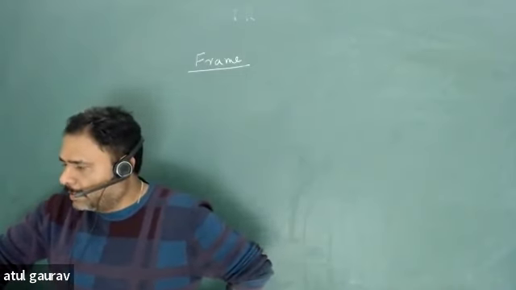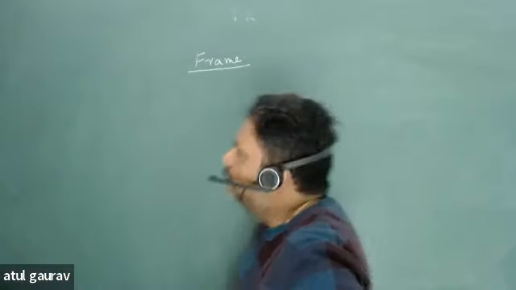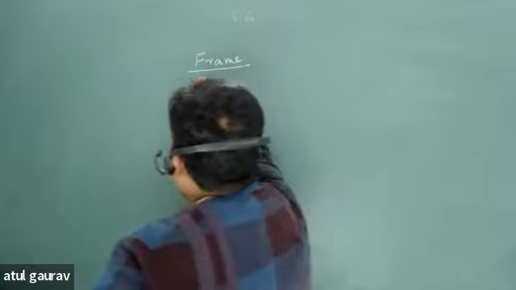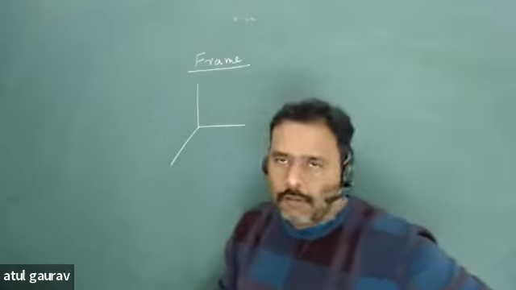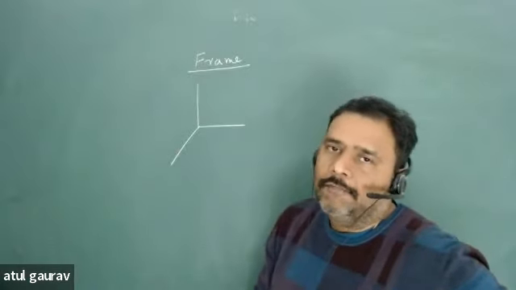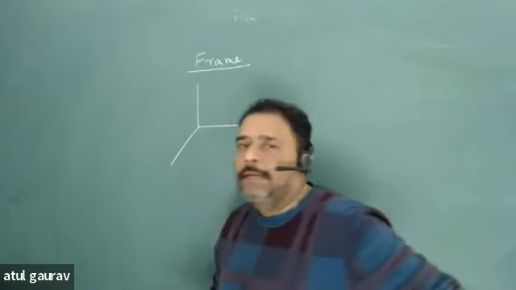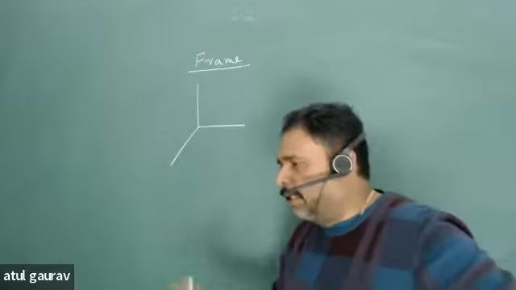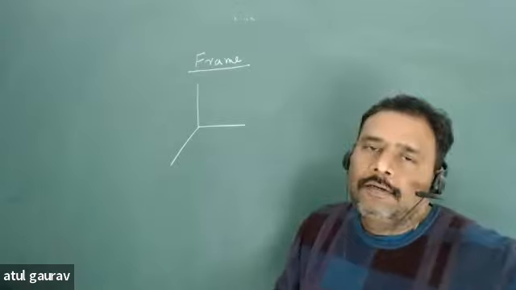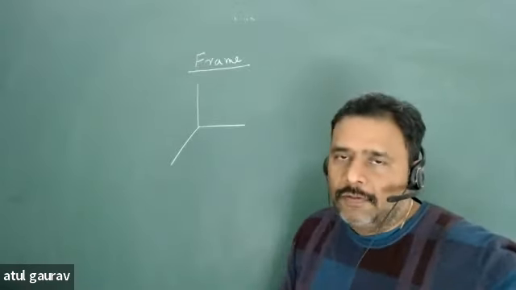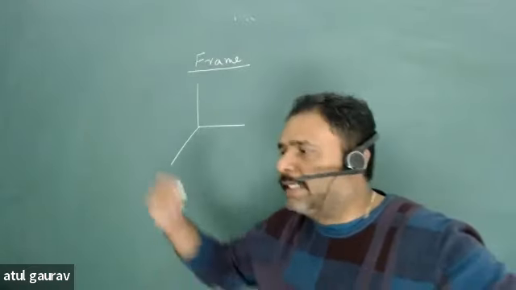Sir, a reference coordinate axis system. Frame means some type of coordinate system. Exactly. This is one type of coordinate system, and in general we are taking the Cartesian coordinate system. So if I say an observer is at rest on a platform, it means there is a hypothetical coordinate system, and the observer is at the origin of that coordinate system, which is attached to the platform.